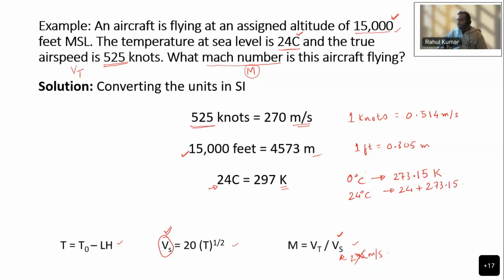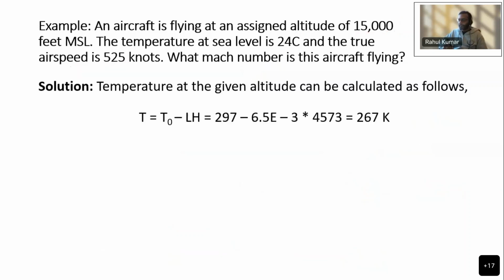Approximately, if you ignore 0.15, you will get 297 Kelvin. So I have converted all the values, and then I will first calculate the temperature.